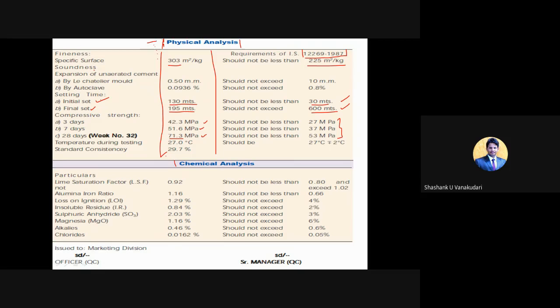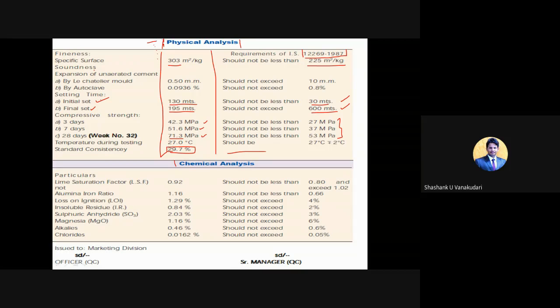And the standard consistency is 29.7, but we can't say at what percentage we'll get it, and we don't have any limits for this standard consistency, even though it may come at 26, 27, 28, 29, 30. For some cement samples it will even come to 35, so that is going to absorb more water.